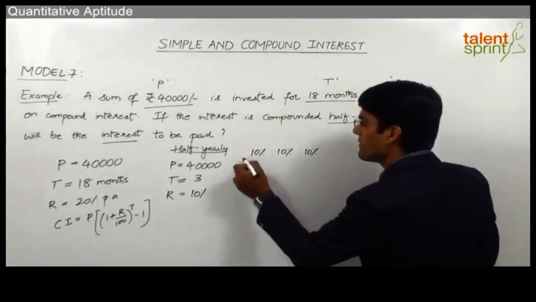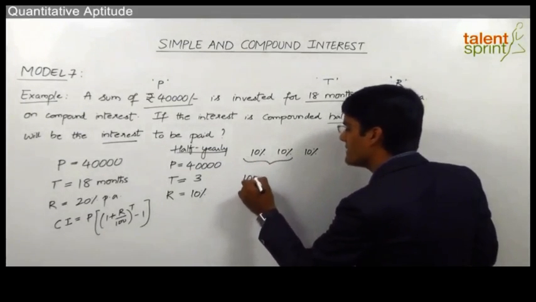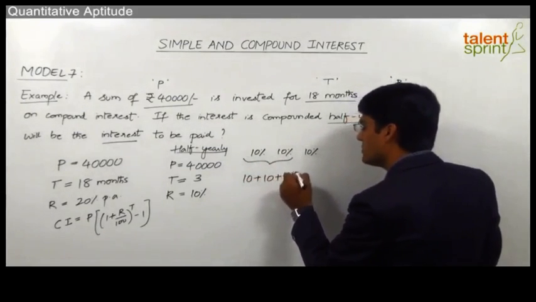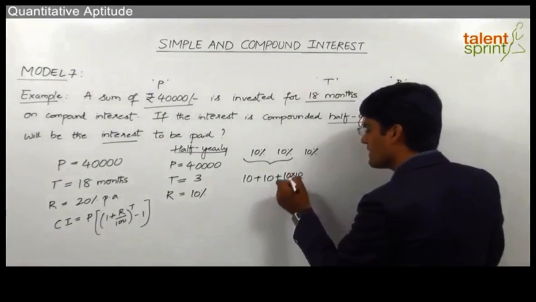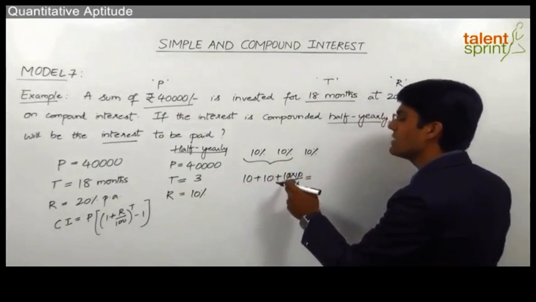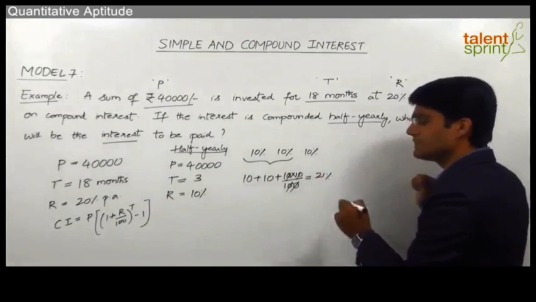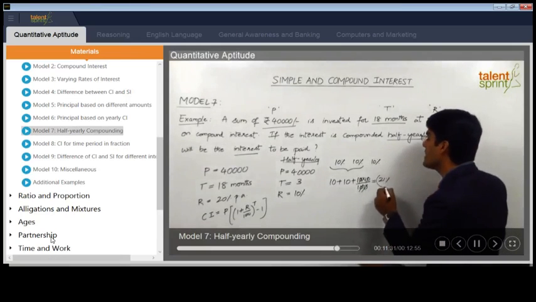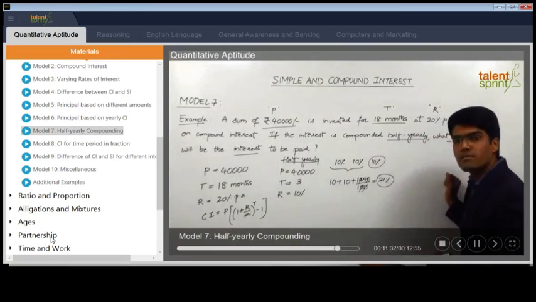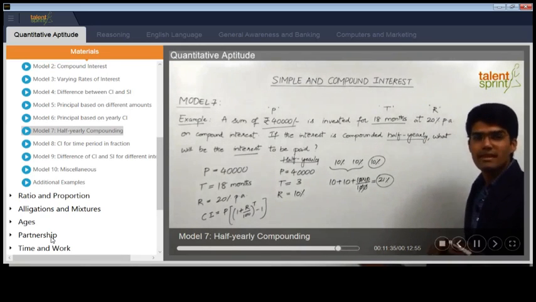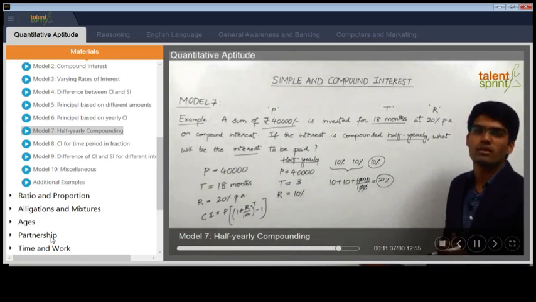So applying the formula for first 2 percentages, we get 10 plus 10 plus 10 into 10 by 100. So zeros anyway get cancelled. We have 10 plus 10, 20 plus 1, 21%. Now with this 21% and the left out 10%, we again need to apply A plus B plus AB by 100% to find out the overall compound interest.